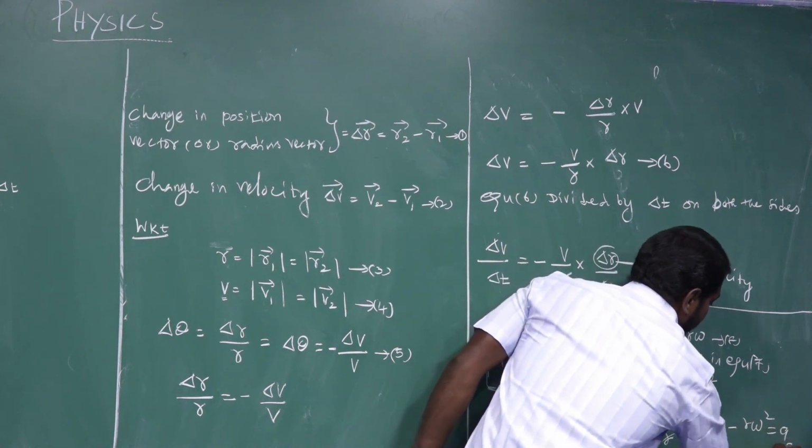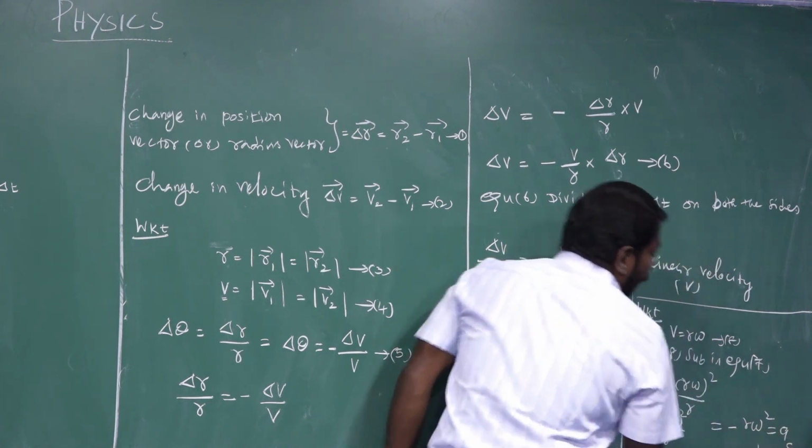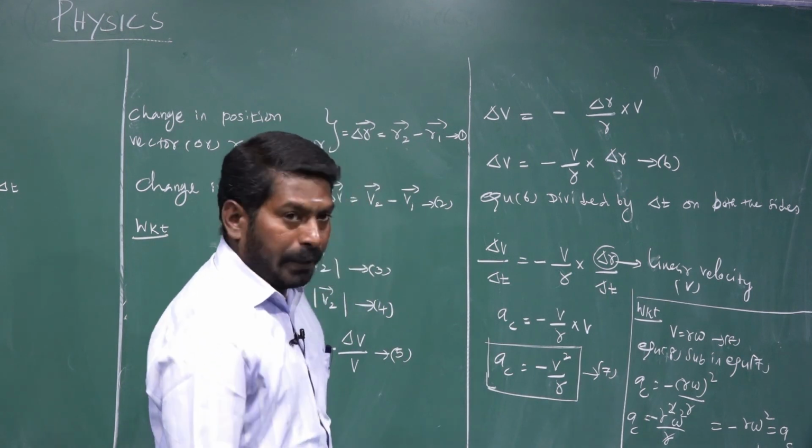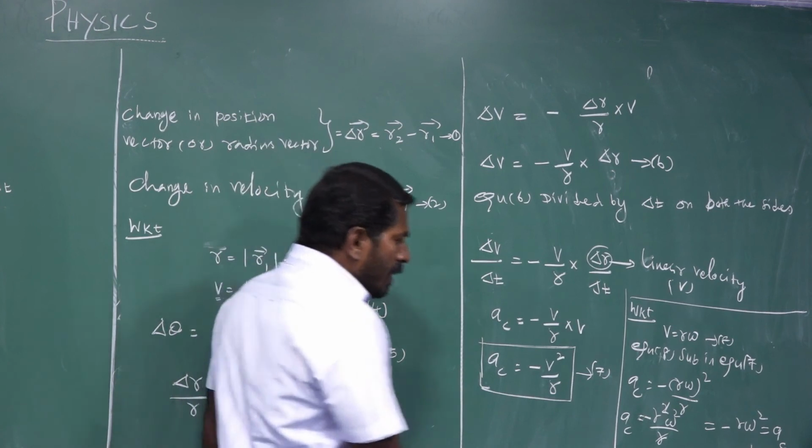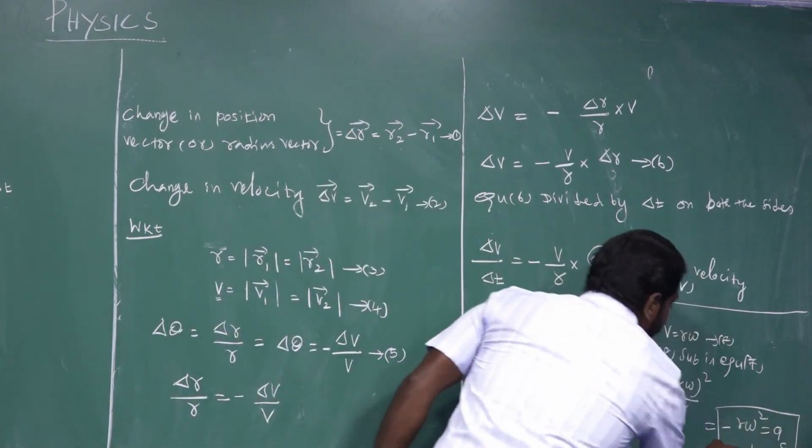That is centripetal acceleration in terms of angular velocity or angular speed, AC equal to minus R omega square. It is a very, very important expression.